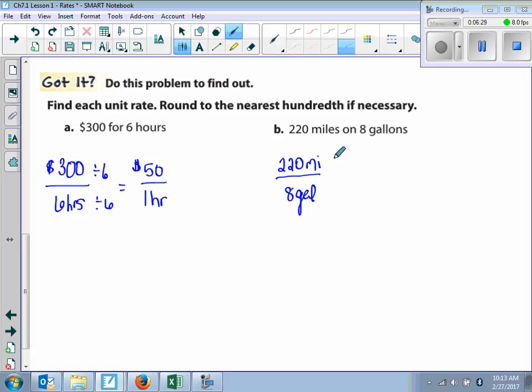Very good. In the numerator and the denominator. Very good. So I want you to show both numerator and denominator. So in the numerator, 220 divided by 8 is equal to, very good, 27.5. Don't forget your units, miles over 1 gallon.